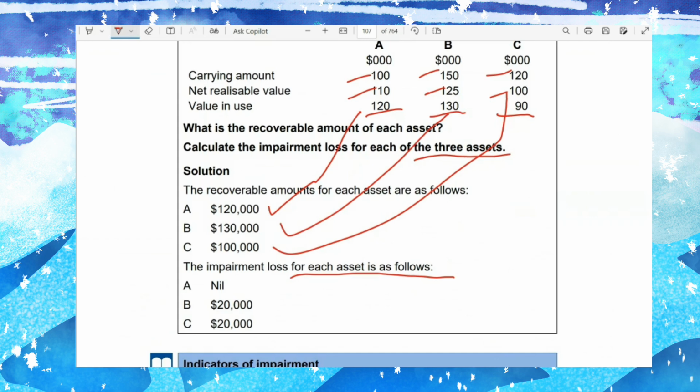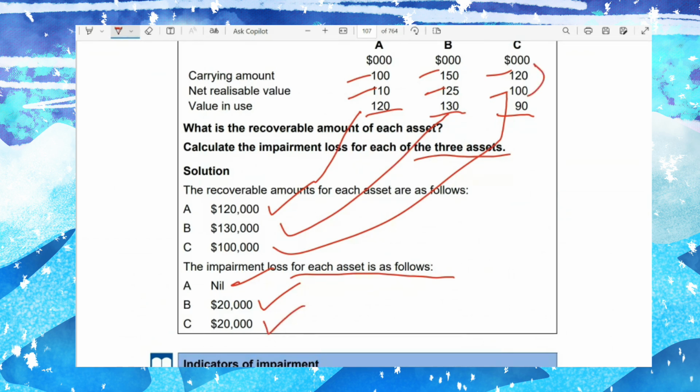For project B, 130 is the value in use, and the carrying amount is 150, so 20,000 is the impairment indication for project B. Project C also has 20,000: 100,000 against 120,000 is the difference, so it is also indicating impairment.